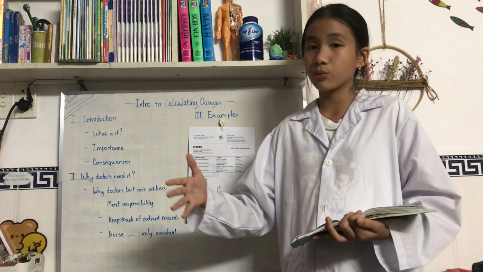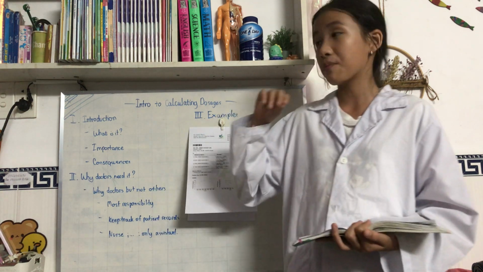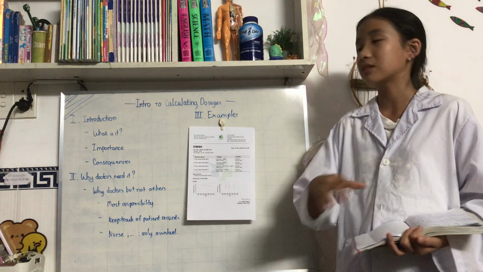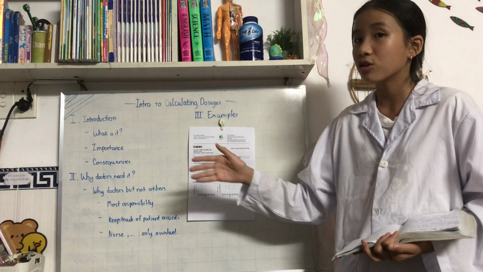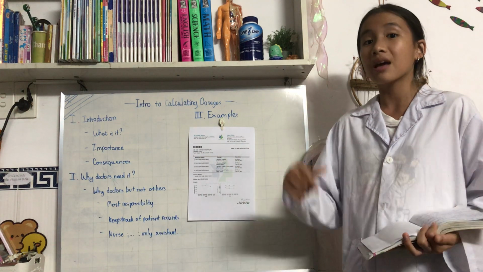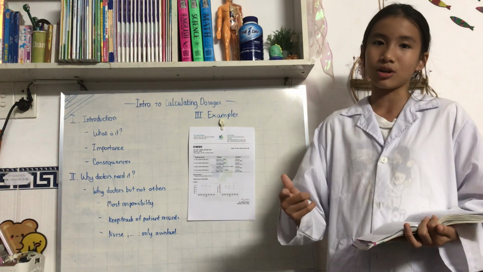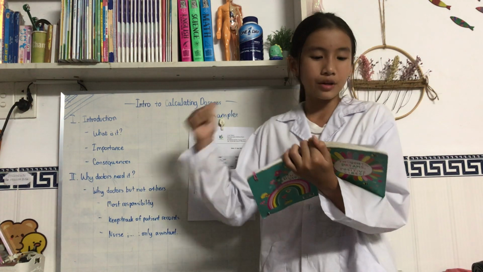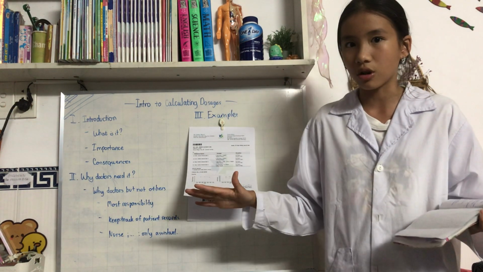Well, if we put the decimal in the wrong place, and then we end up giving this kind of milligrams without that decimal in the right place, then that patient may be underdosed or overdosed, which will lead to fatal consequences.